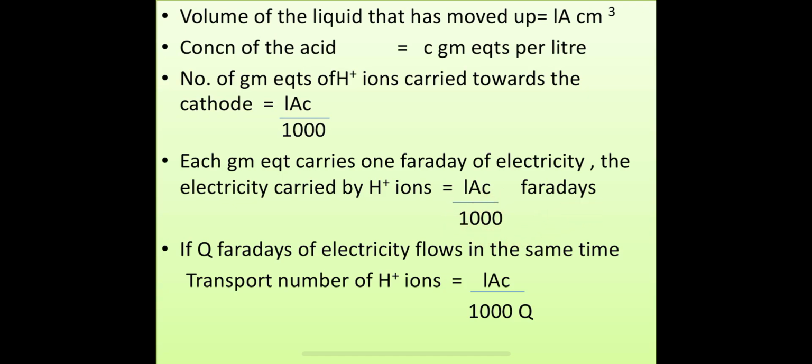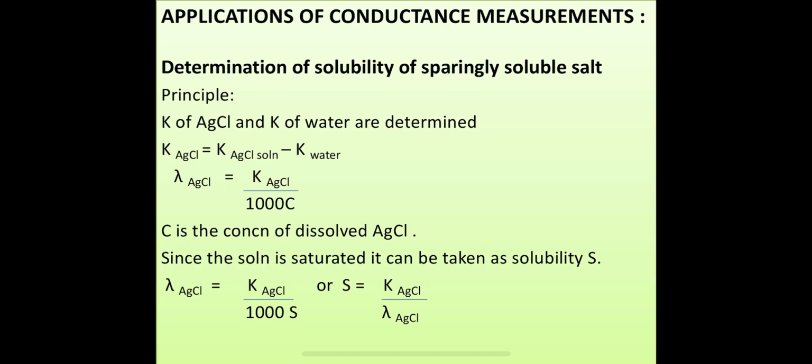If Q Faradays of electricity flows in the same time, the transport number of H+ ions is given by the equation LAC divided by 1000Q. This is how we measure the transport number of any cation or anion by the moving boundary method.